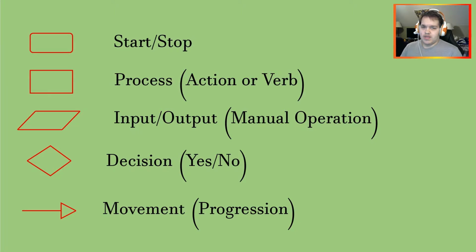If it's no, then it goes in a different direction. And then you have arrows, which indicate movement, so it could show the linear progress of it, or when it comes to the decision block, then the arrow will go in a different direction to show the different path that's going to be taken as a result of yes or no.